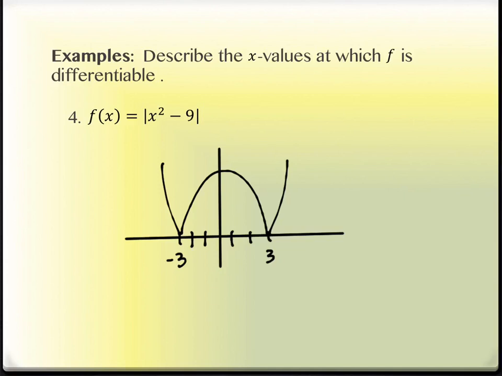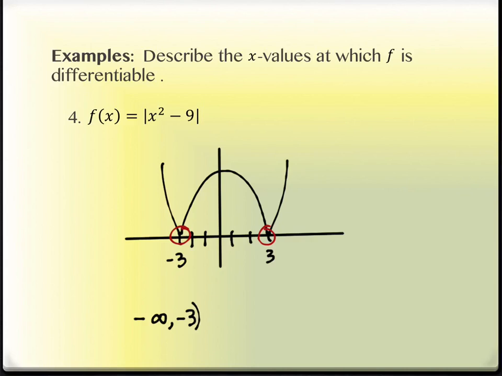And the question asks, where is it differentiable? Well, it's mostly differentiable everywhere. It's definitely continuous. I don't have any weird vertical tangent lines. I just have these corners or sharp turns or cusps where it's not going to work. So if I want to talk about where this is differentiable, I would go from negative infinity to negative 3. And I wouldn't include the negative 3, right?